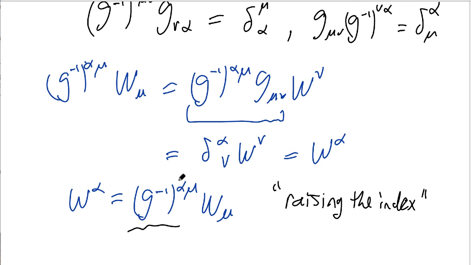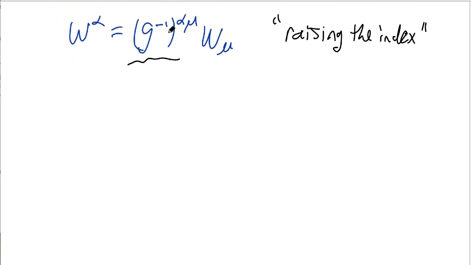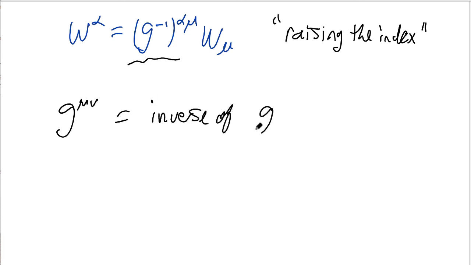Now the inverse of the metric components G inverse alpha mu occur so frequently that we usually simplify the notation and drop the -1 symbol. So we let G upper script mu nu be the inverse of the metric components G lower mu nu, and it's the inverse in the matrix sense.